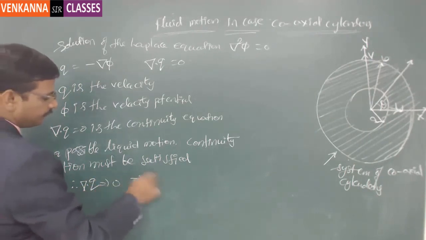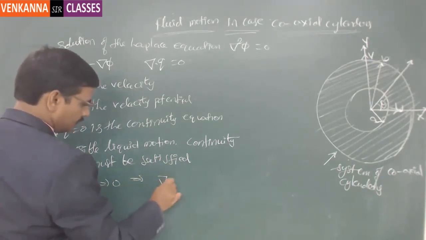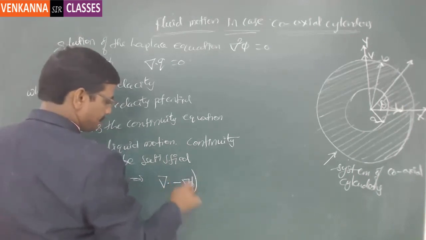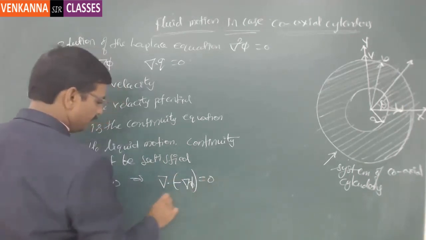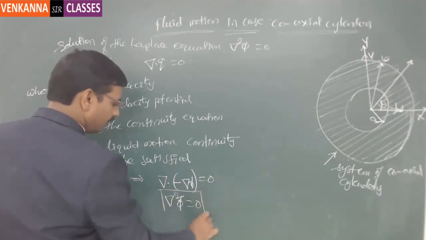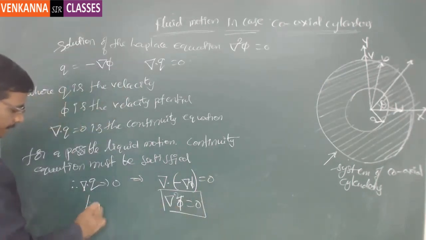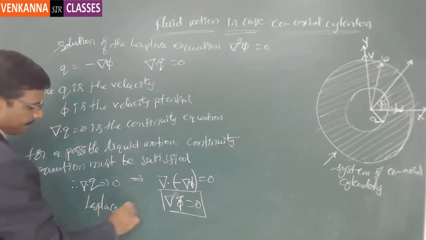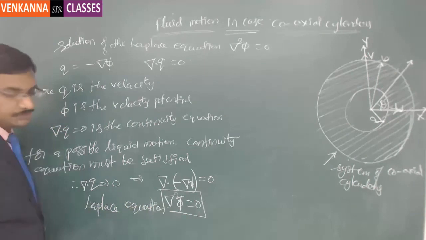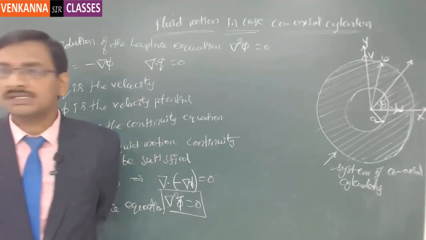It implies del dot of minus del phi equal to 0. It implies del square phi equal to 0. So this is what we call the Laplace equation.